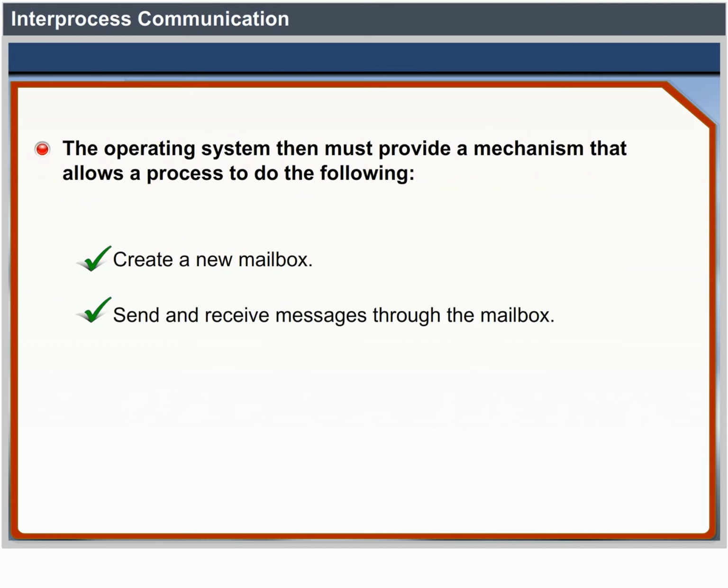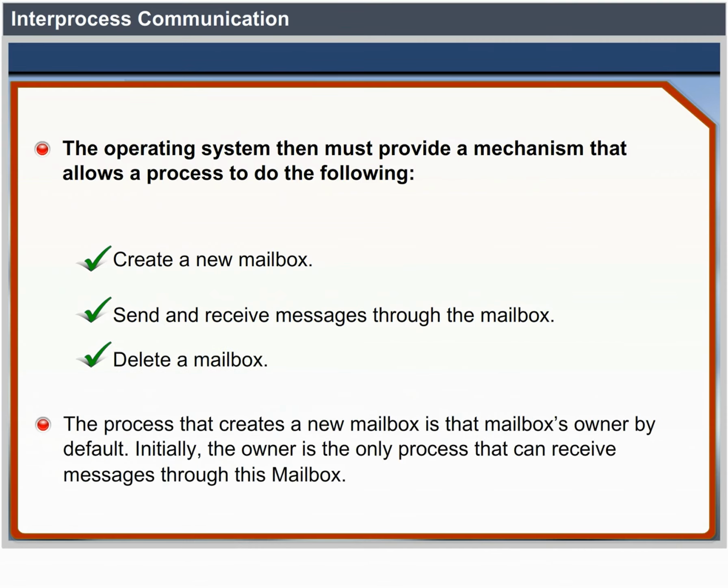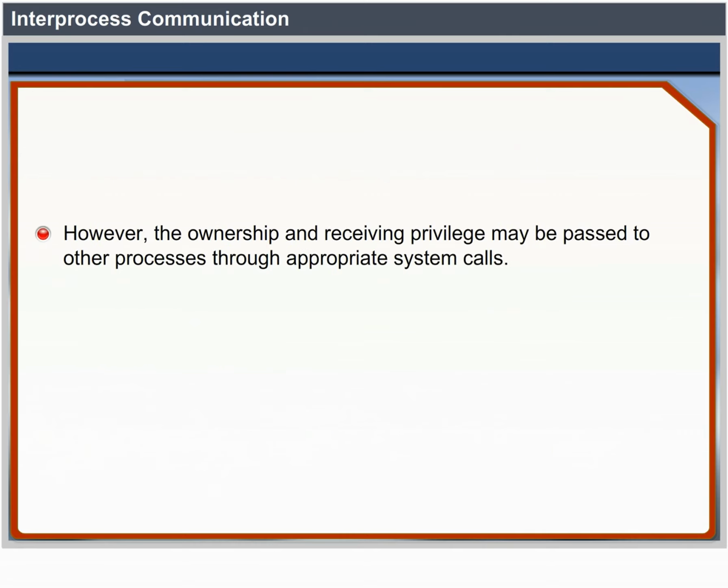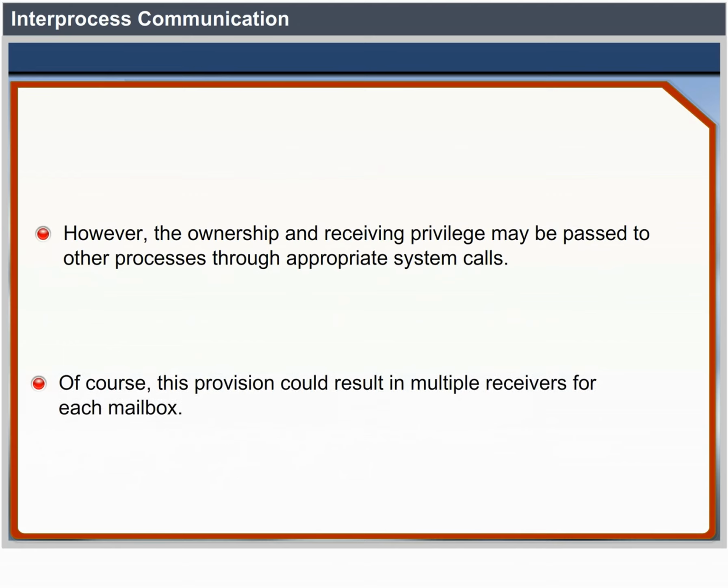The process that creates a new mailbox is that mailbox's owner by default. Initially, the owner is the only process that can receive messages through this mailbox. However, the ownership and receiving privilege may be passed to other processes through appropriate system calls. Of course, this provision could result in multiple receivers for each mailbox.